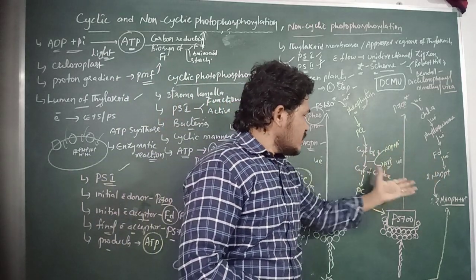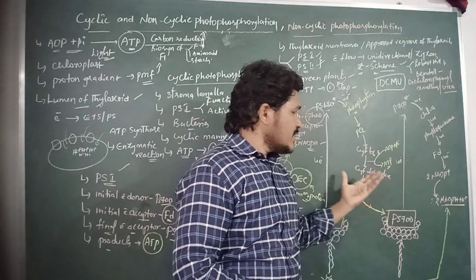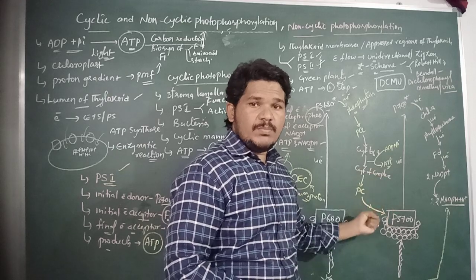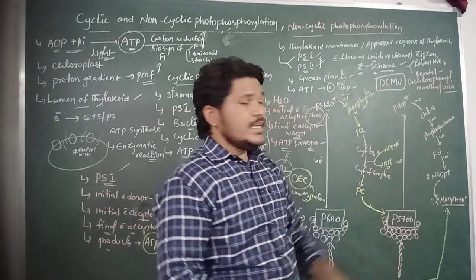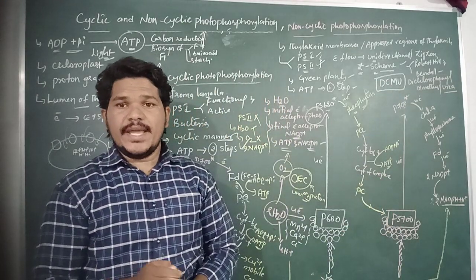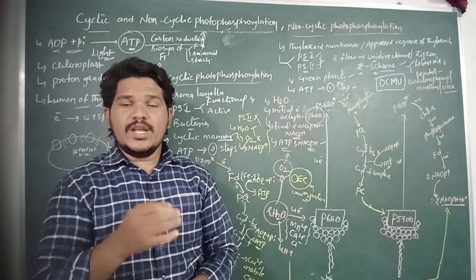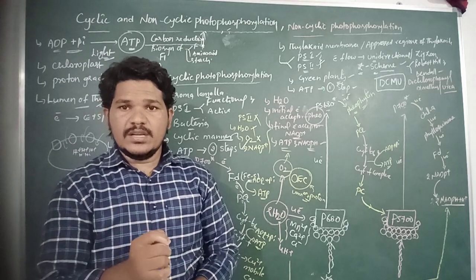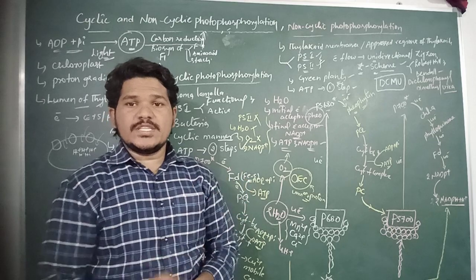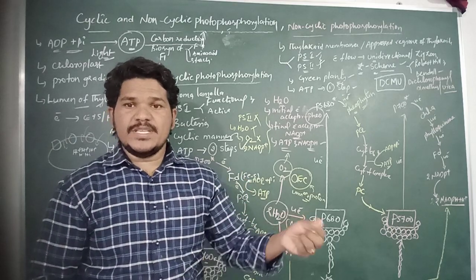So the transfer of electrons in the non-cyclic photophosphorylation is blocked by the strong inhibitor DCMU, which is a herbicide.